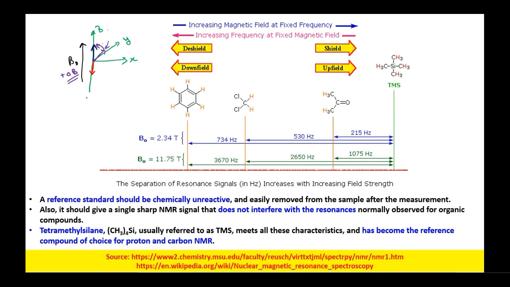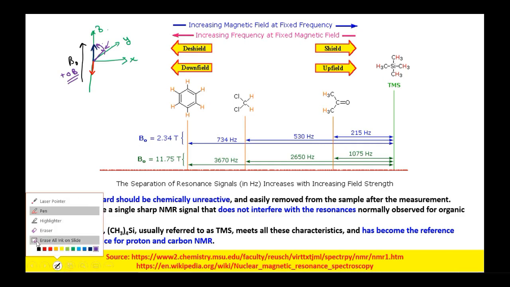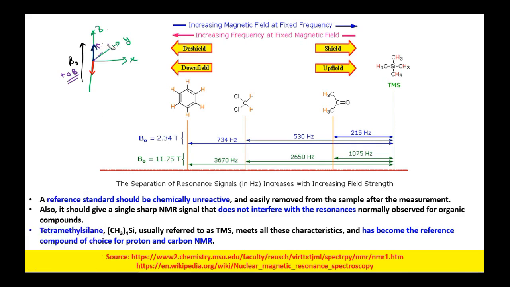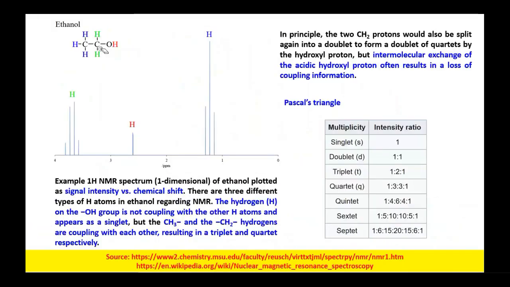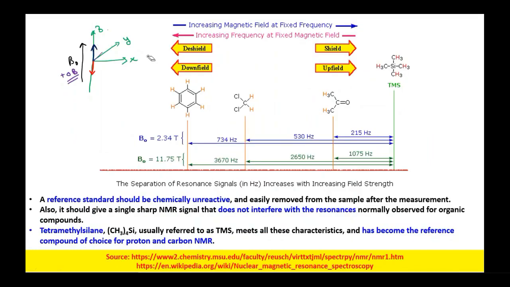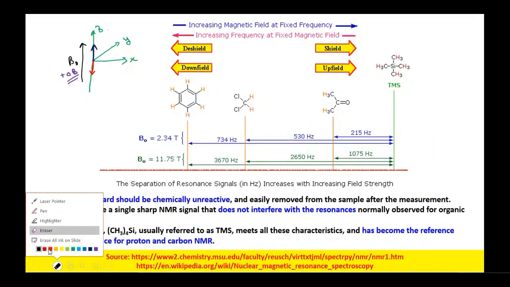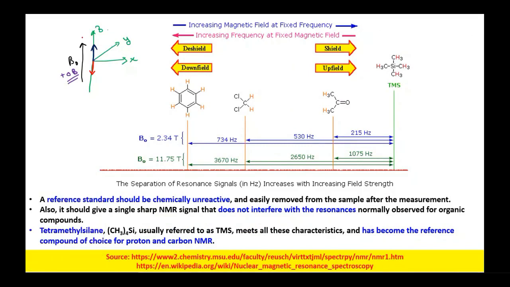And once it is on the Z axis, then we apply radio frequency pulse. And when we apply this radio frequency pulse, it flips 180 degrees and it goes to the beta state.